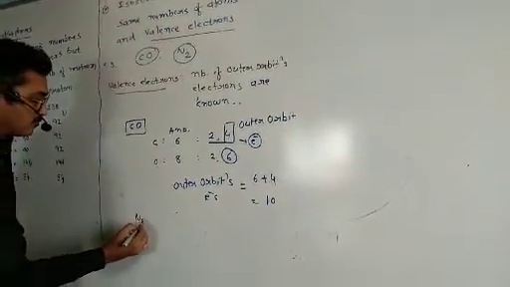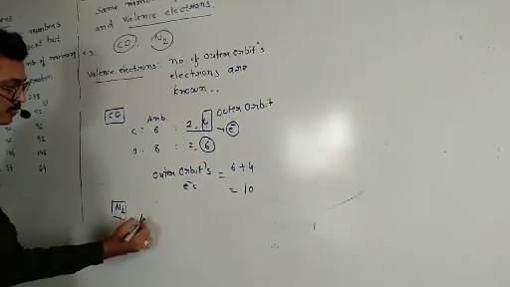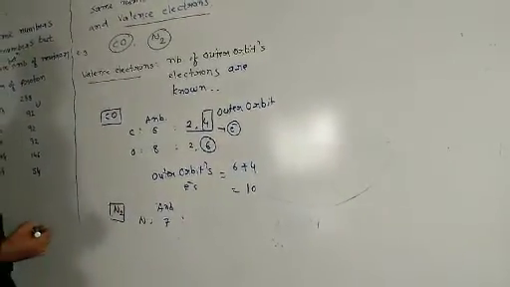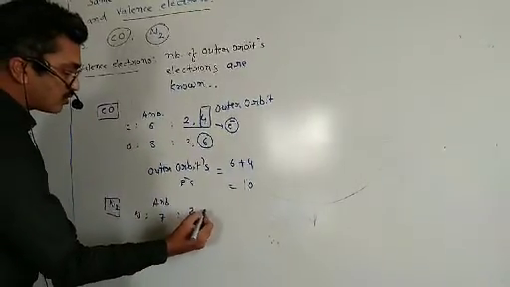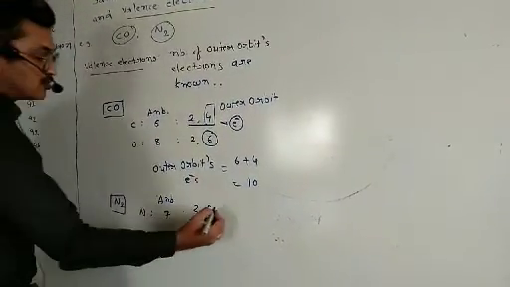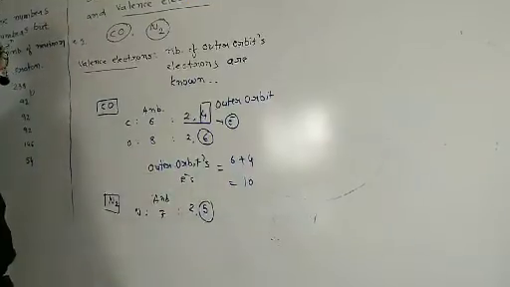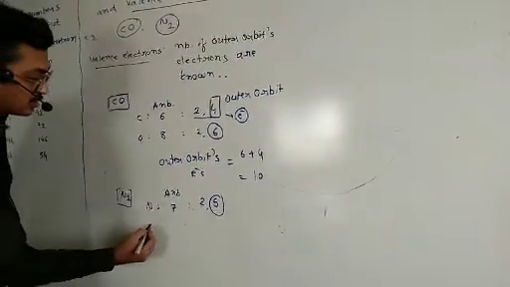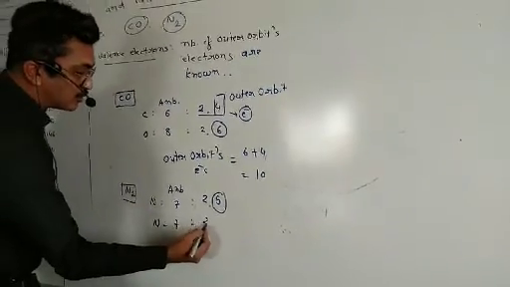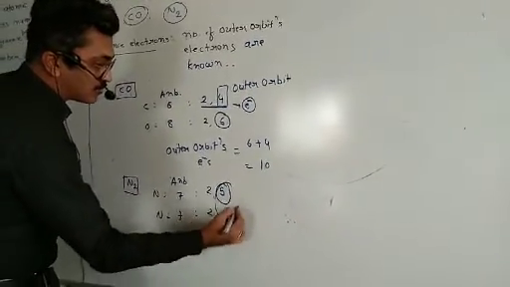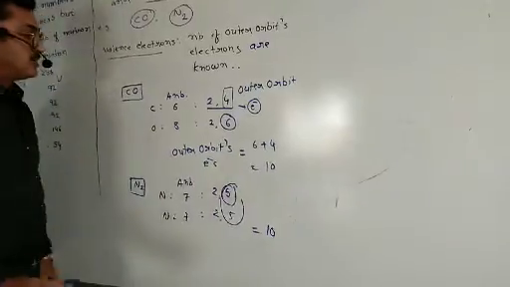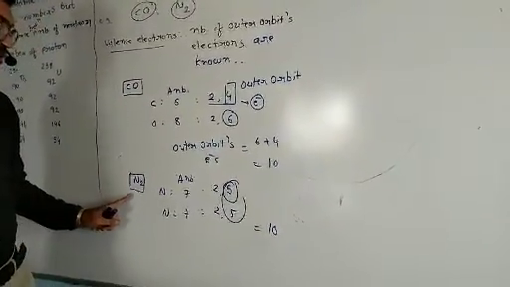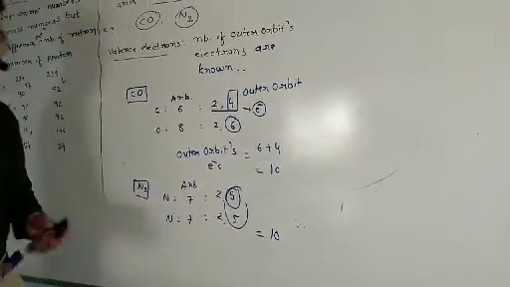Now dinitrogen. The atomic number of nitrogen is 7, so the configuration is 2,5. There are 5 valence electrons in one atom of nitrogen, and in the other atom of nitrogen, again 2,5. So 5 plus 5 is equal to 10. So 10 electrons are present in CO and 10 electrons are present in dinitrogen.